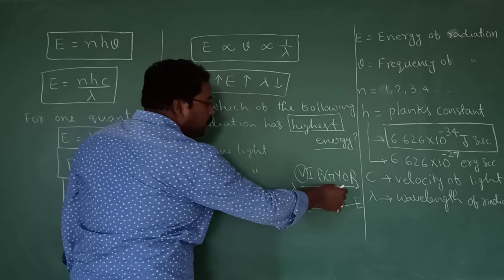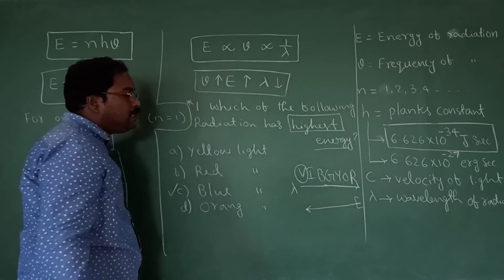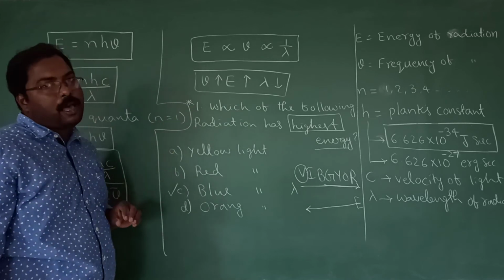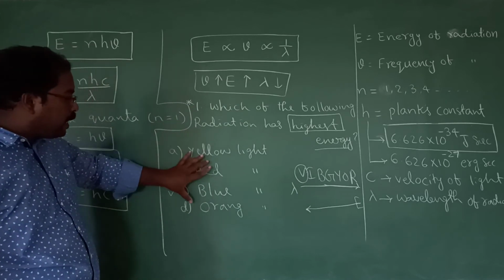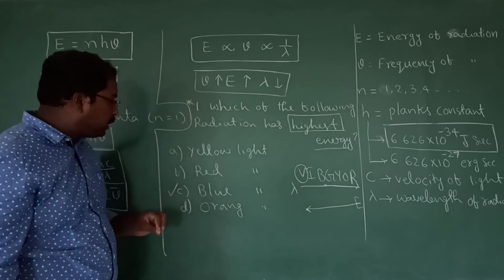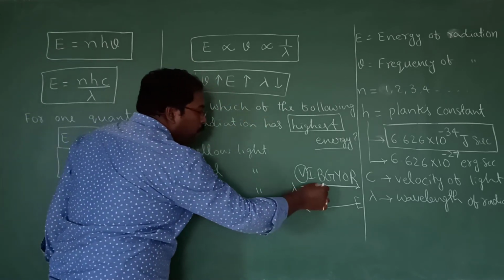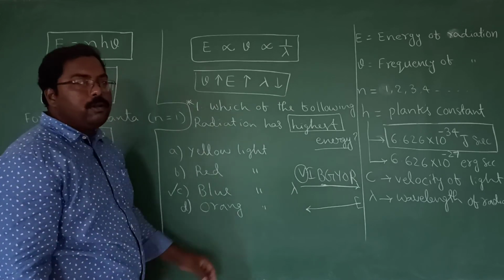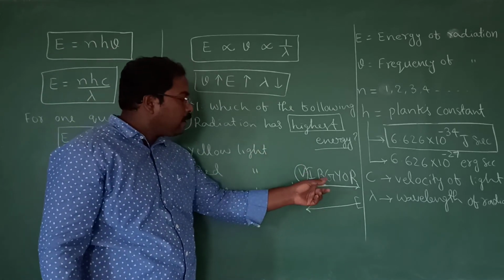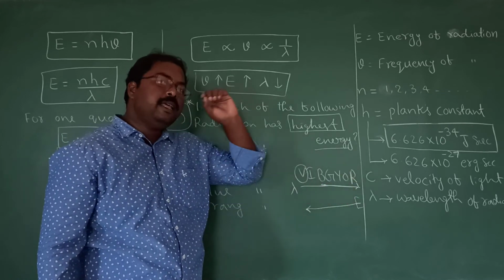So out of these four colors, which has the highest energy? Blue, because they did not give violet in the options. We have to arrange these four in the increasing order of their wavelength. Then we will know blue has more energy because it has a lower wavelength than green, yellow, orange and red.